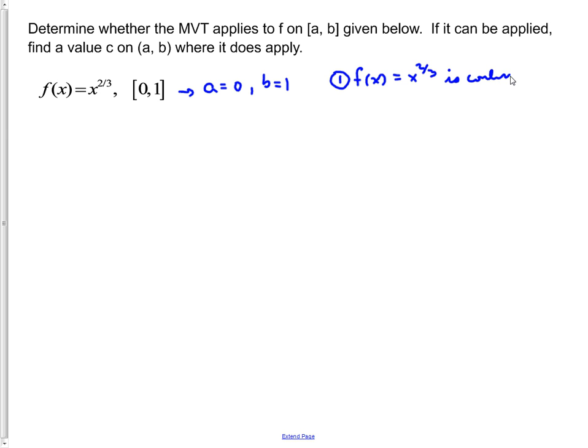And the way that we know is that at all points c on the interval from 0 to 1, including at 0 and including at 1, we can say that f of c is defined.